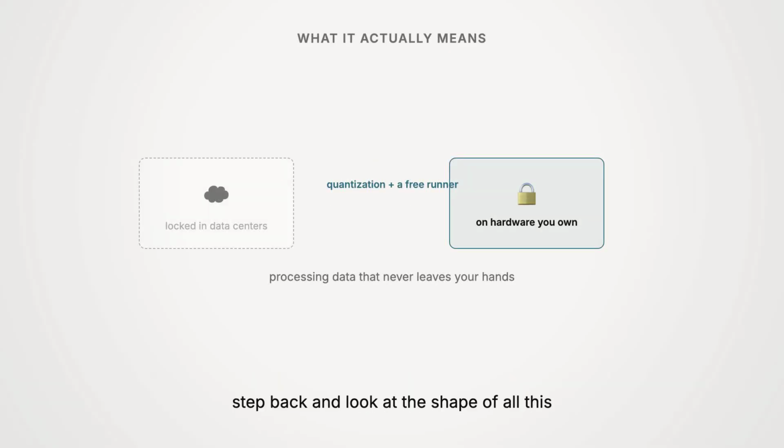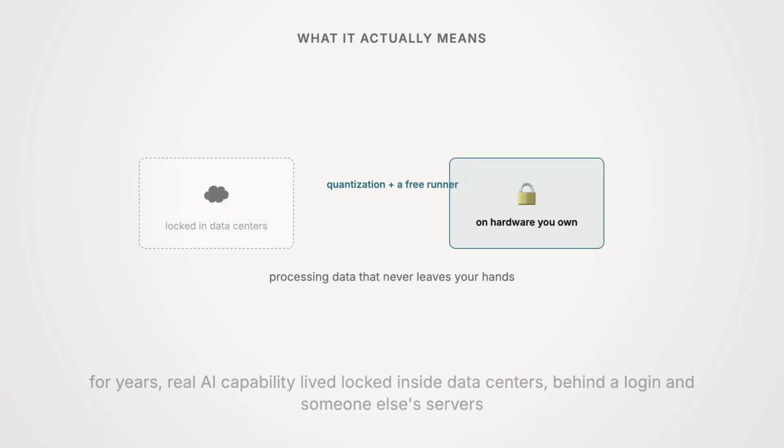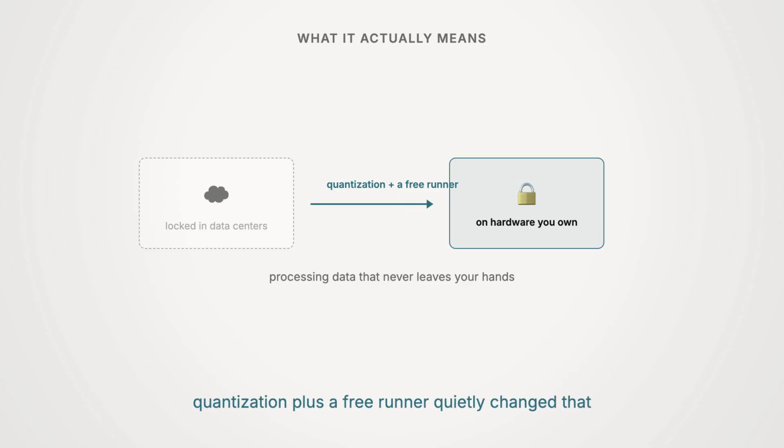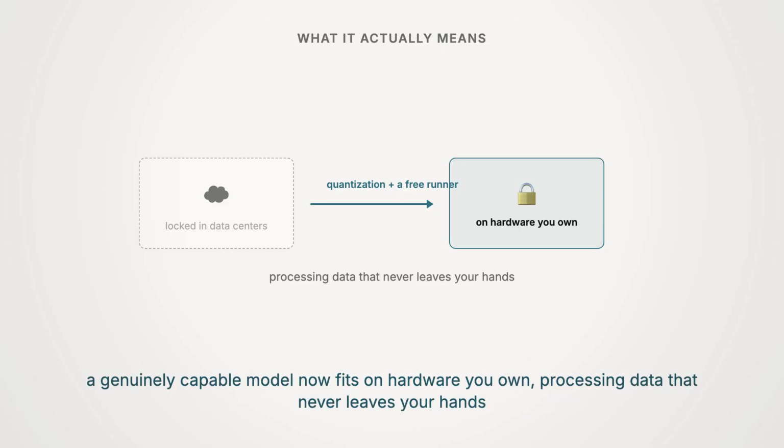So step back and look at the shape of all this. For years, real AI capability lived locked inside data centers, behind a login and someone else's servers. Quantization plus a free runner quietly changed that. A genuinely capable model now fits on hardware you own, processing data that never leaves your hands.